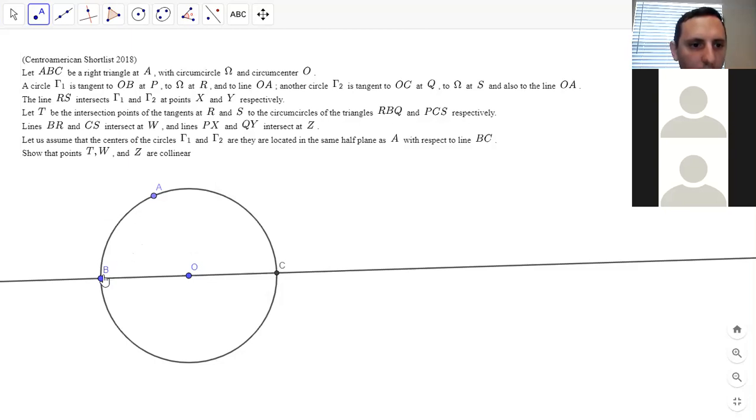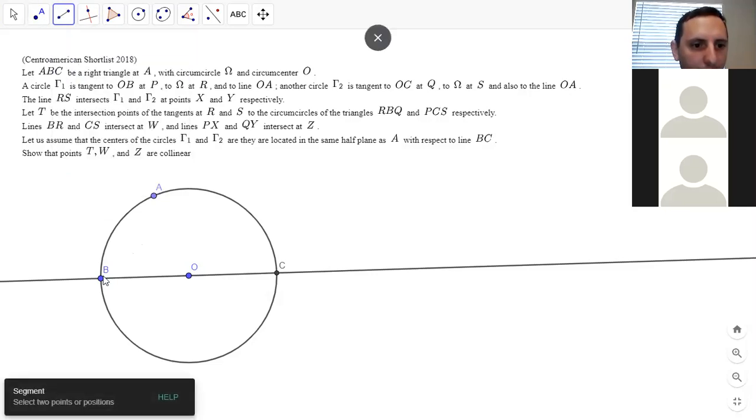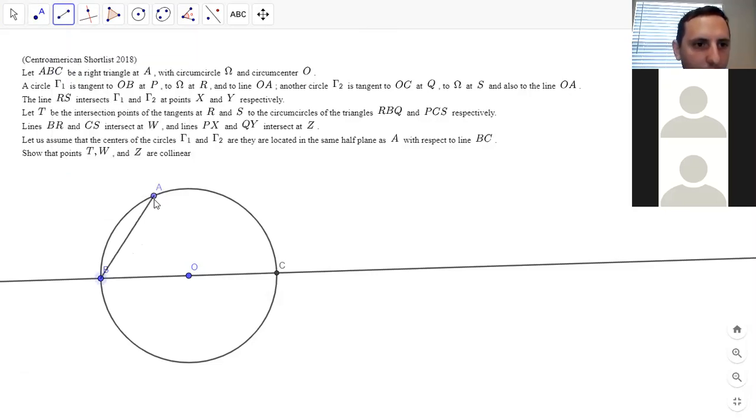So we have a circle. Oh, this one feels pretty hard. So it's like a curvilinear circle. So it's tangent to OB and OA and the circle.